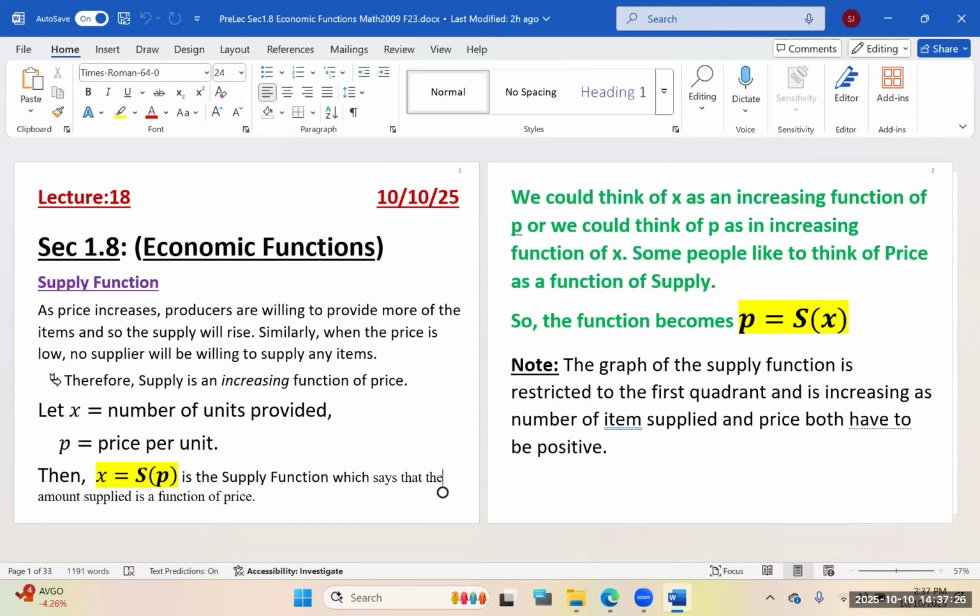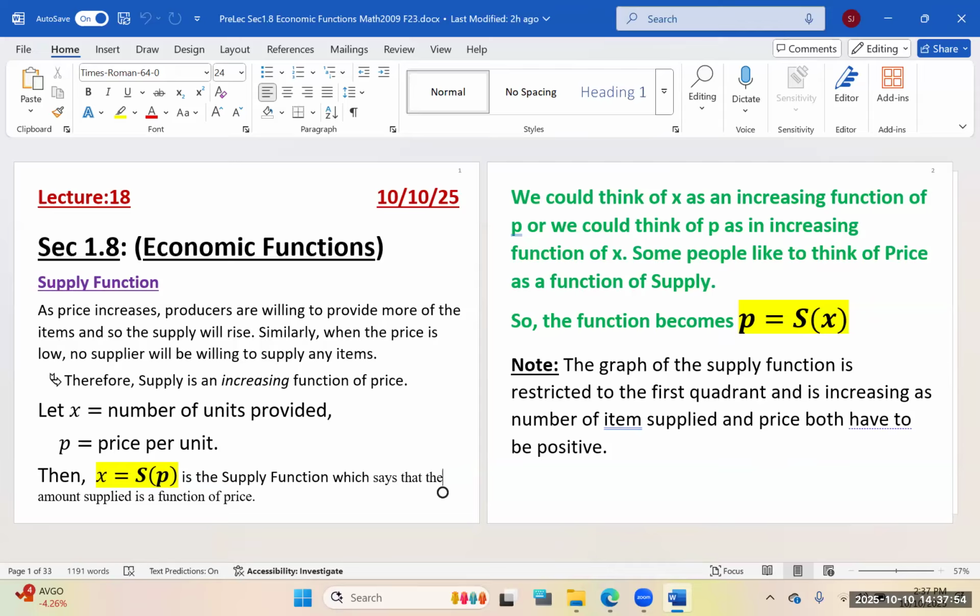For example, if X is the number of units you produce and P is the price per unit, you may say X is S of P. S means supply. So number of quantity is a function of price. Number of quantity is a supply function of price.